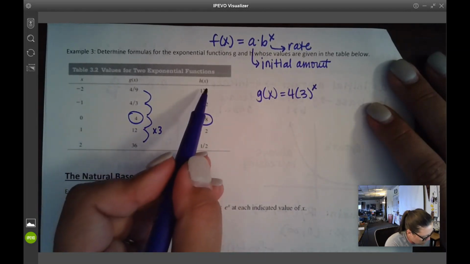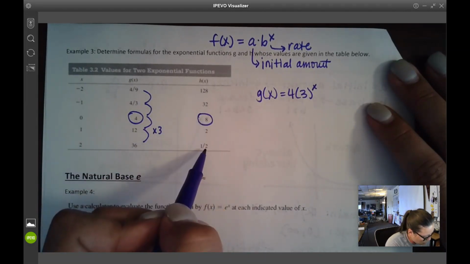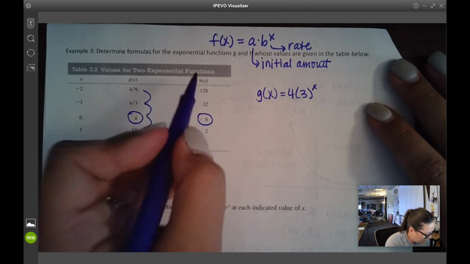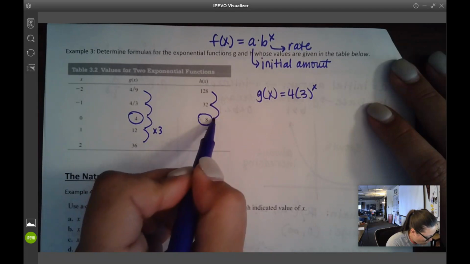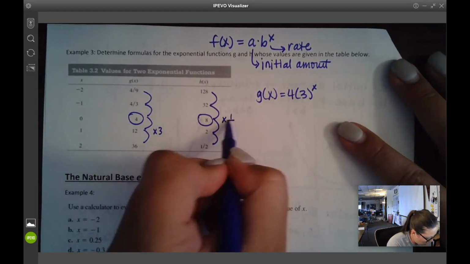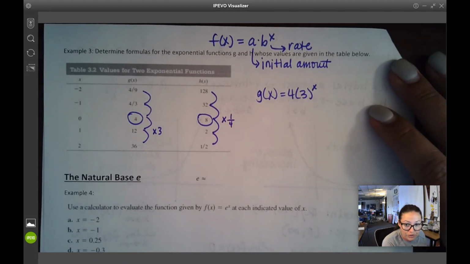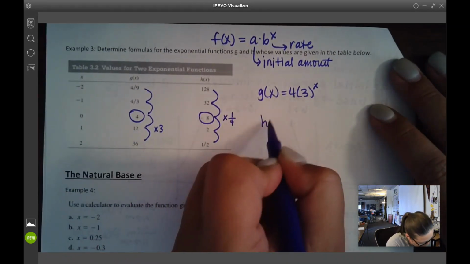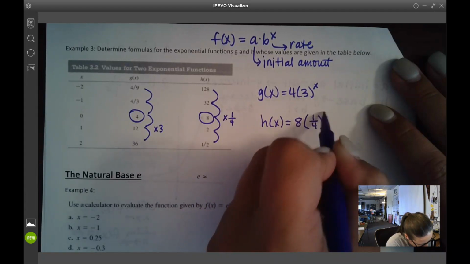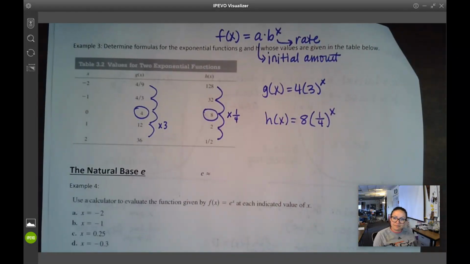Okay, now what's happening to h of x? The values are actually getting smaller, which tells me that we have exponential decay, right? We're dividing by 4, which really means we're multiplying by 1/4. So h of x is 8 times 1/4 to the x.